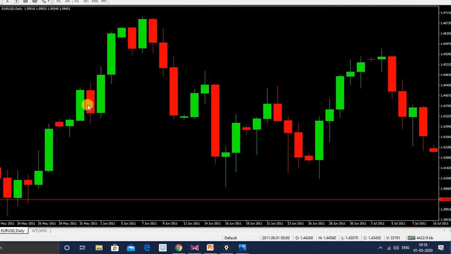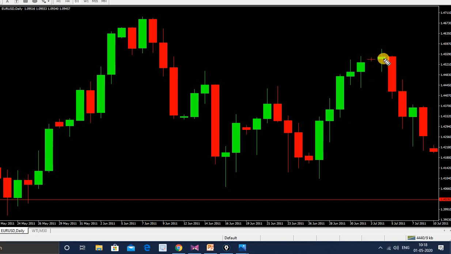Now I'll show you how to identify zones and how to draw zones. Let's take this example. This one is a rally, a base and a rally. This may confuse you because over here we have ERC candles, so let's not take this example until you are really pro at this. Let's take this one: rally, base and then a drop.